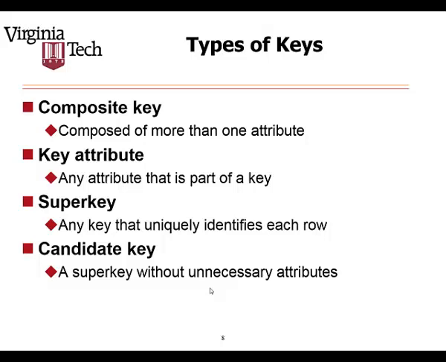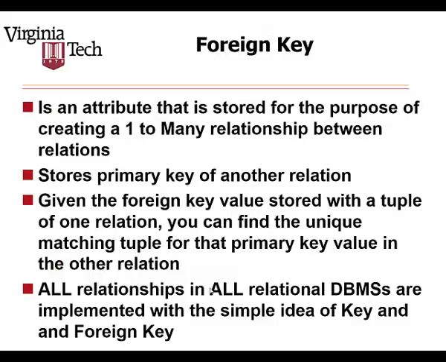And I don't even like to make a big distinction there, because if it's a super key that has more than the minimum attributes, it's useless anyway. It's not even worth knowing about or thinking about. It's just a confusing thing. So candidate key is the idea that I think you should remember, and that is any minimum set of attributes that uniquely identify all rows in the relation.